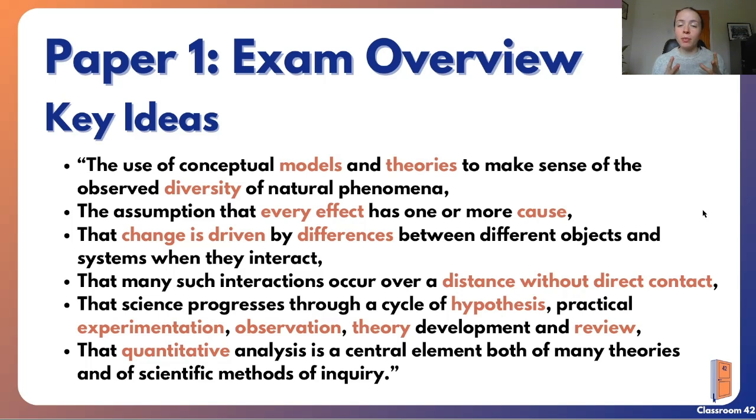That change is driven by differences between objects and systems when they interact. That many such interactions occur over a distance without direct contact. That science progresses through a cycle of hypothesis, practical experimentation, observation, theory development, and then finally reviews by other scientists. And that quantitative analysis is a central element of both many theories and of scientific methods of inquiry.